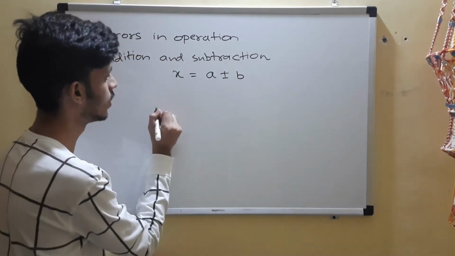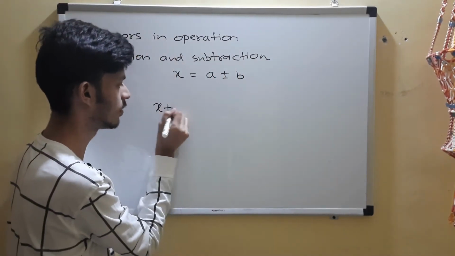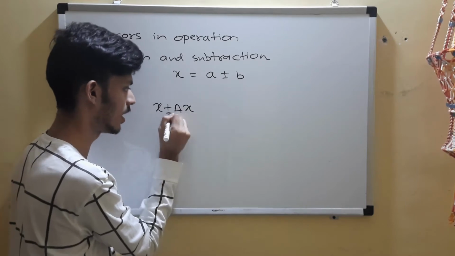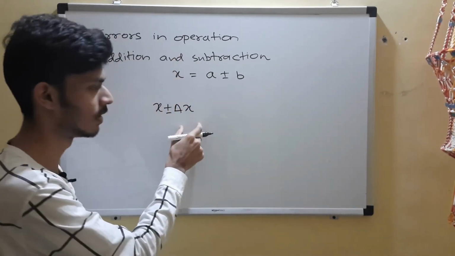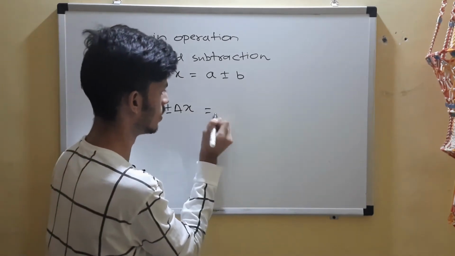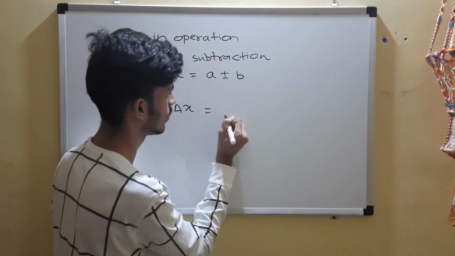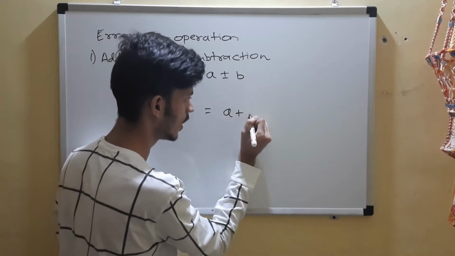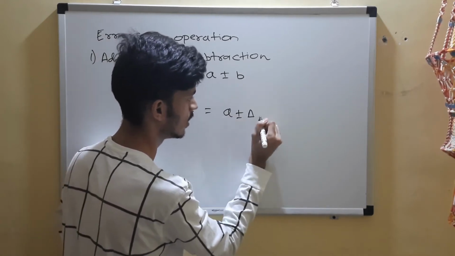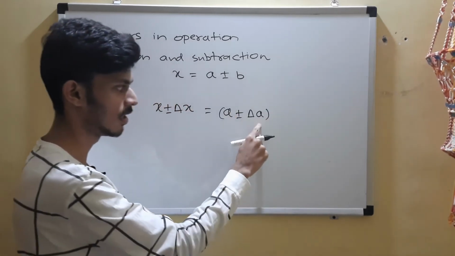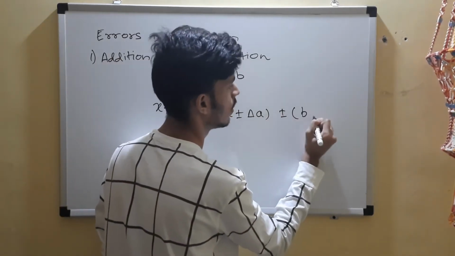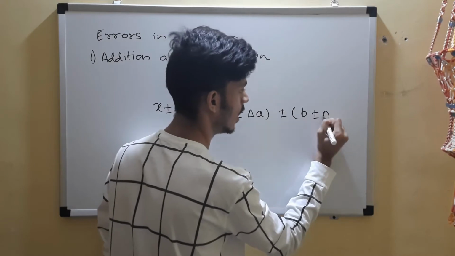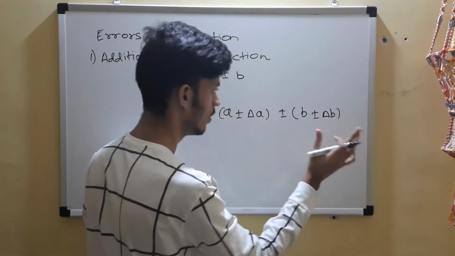So let's account for that, and the final error in x will be x plus minus delta x. That is how we write, remember? True value plus whatever the error is. So we have written delta x for that. So a plus minus delta a, which is the error in a, and b plus minus delta b, which is the error in b.